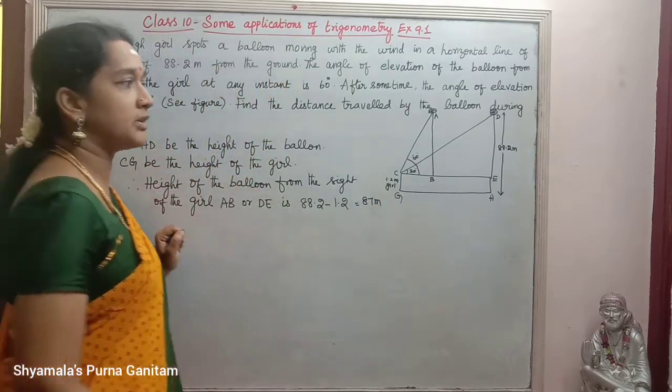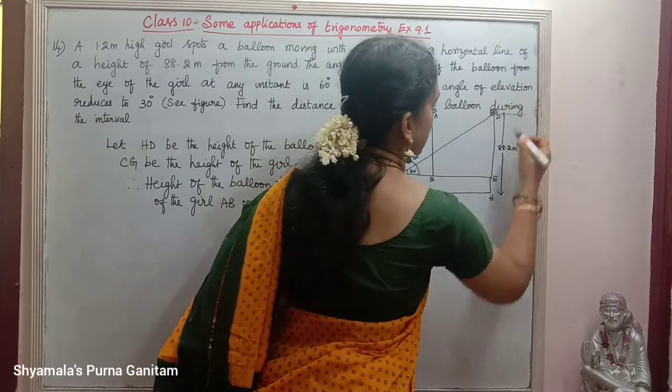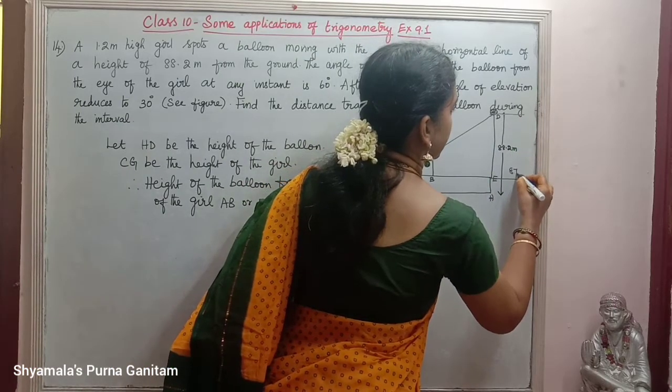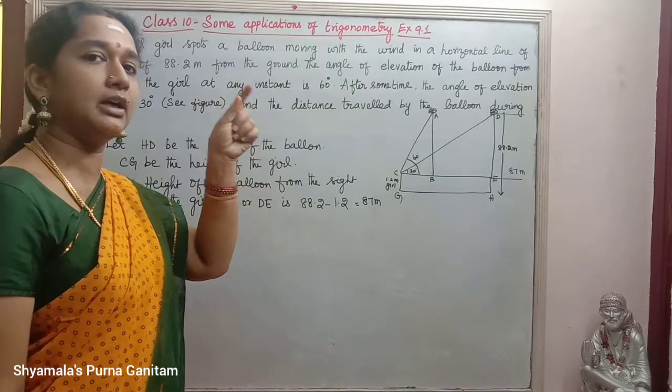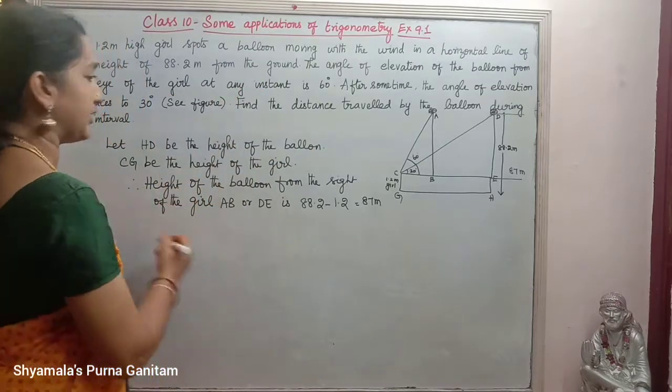So this 87 meter is DH. From the eye of the girl, the height of the balloon is 87 meter.